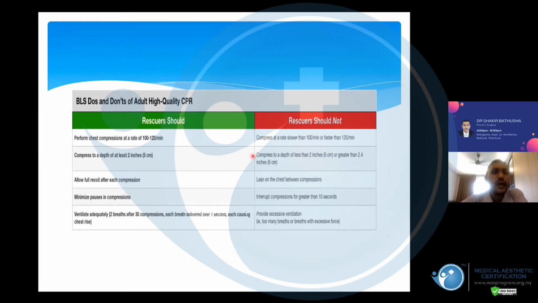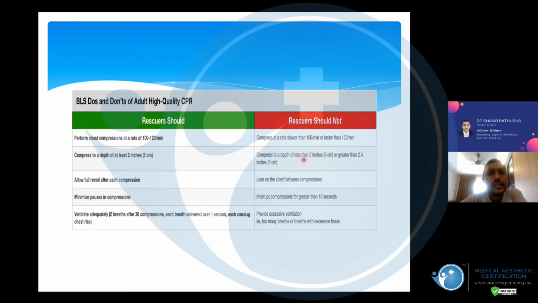What are the don'ts in providing chest compression? You should not compress at a rate slower than 100 or faster than 120 compressions per minute, as both of these do not provide an effective cardiac output.